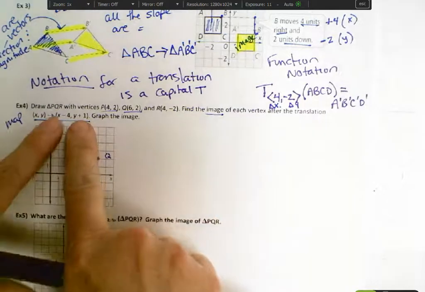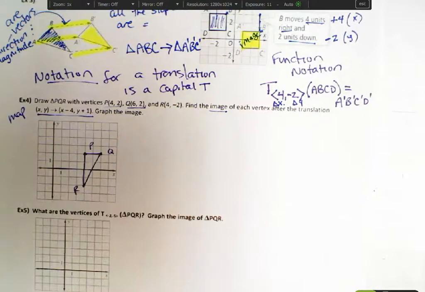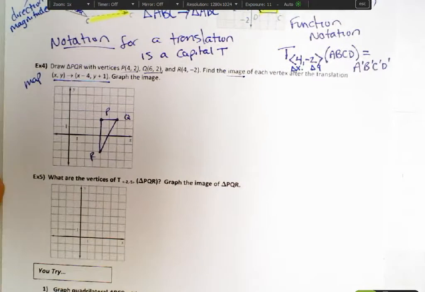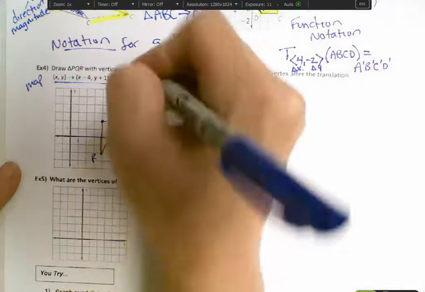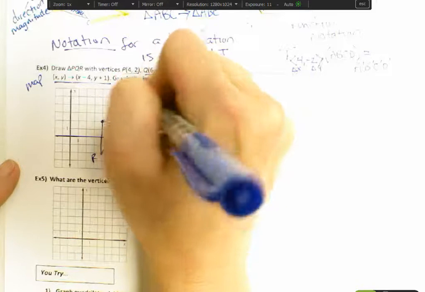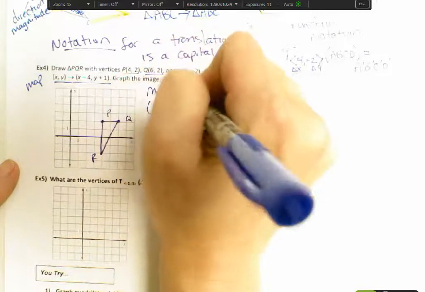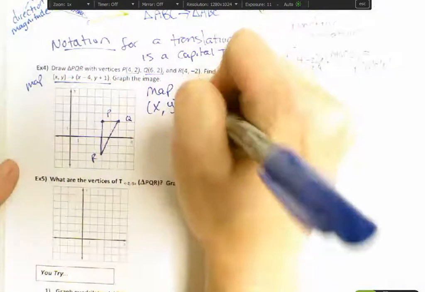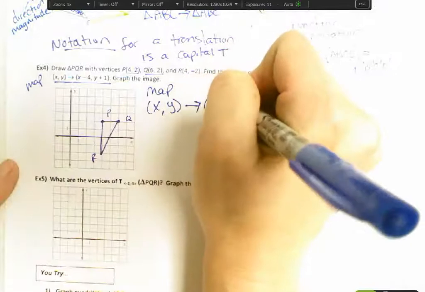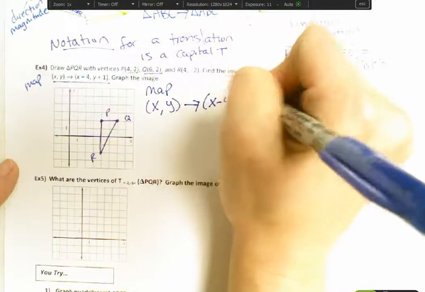The mapping tells me what I'm going to do with each of the coordinate points to give me my prime coordinates. I'm going to set it up the long way. Once we do the long way a couple times, if you've got the process, you no longer need to do it this way. We start with our map, and it tells us, for every x, y, we map it such that x -4 and y +1.